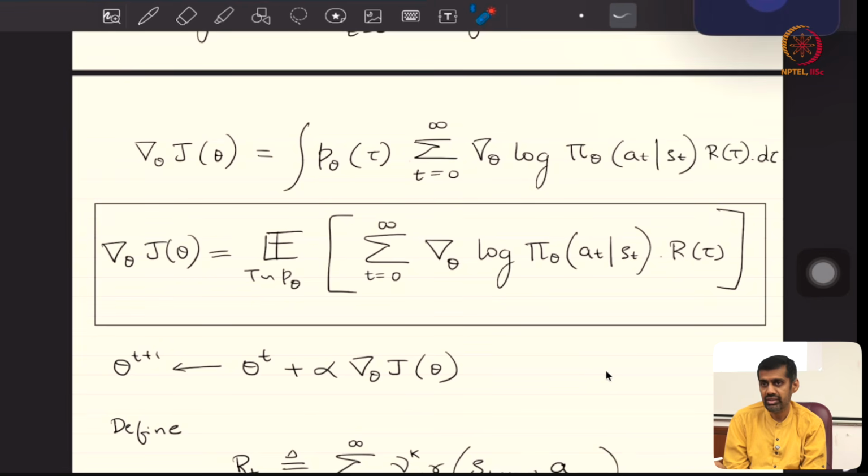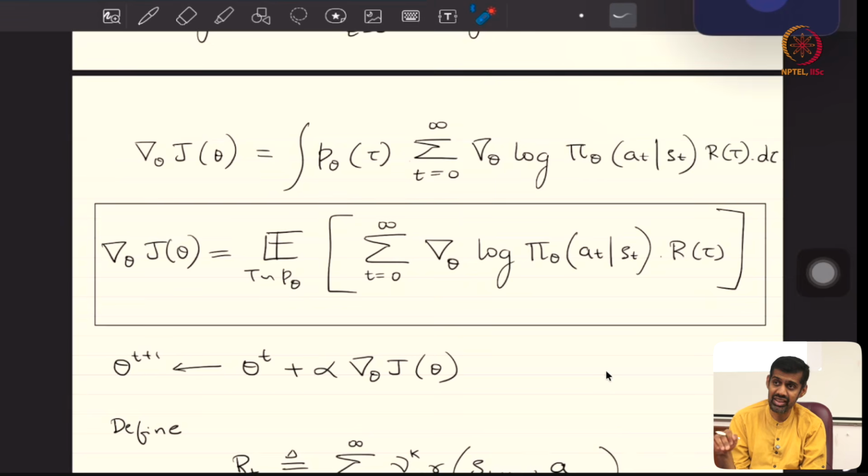Make sense? Yeah, this is the famous policy gradient theorem. In fact, it is taken to be one of the most elegant theorems that have come in recent times in ML, because this changed the way RL is being done. The classical RL did not look at the policy gradient theorem, it looked at other ways like Q learning, but this is a very elegant way of doing it.